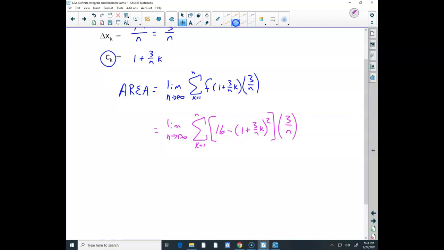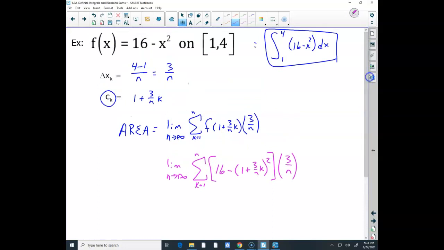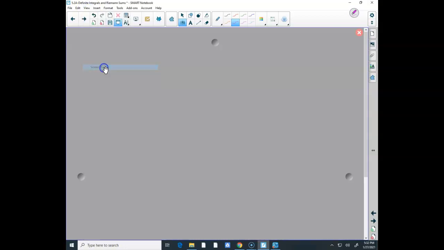The reason we went through that is because on the AP test, you are going to run into problems like this. Even if I had the graph up here, you're going to run into problems just like this, and your directions are going to say, express as a definite integral.